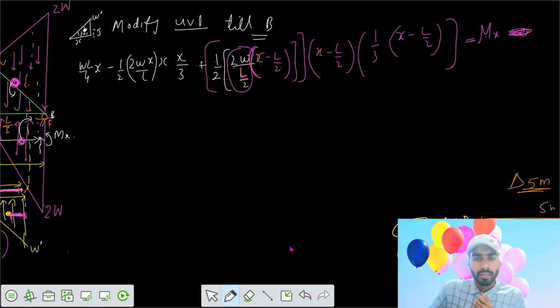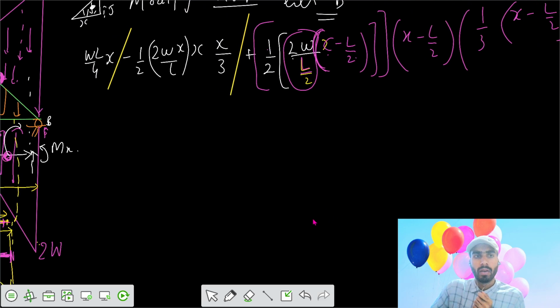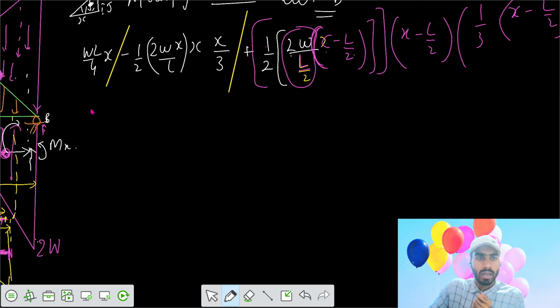So we can write that equals EI d2y by dx2. If we want to simplify the values here, we can say this is WL by 4 x. This is minus 1 by 2.